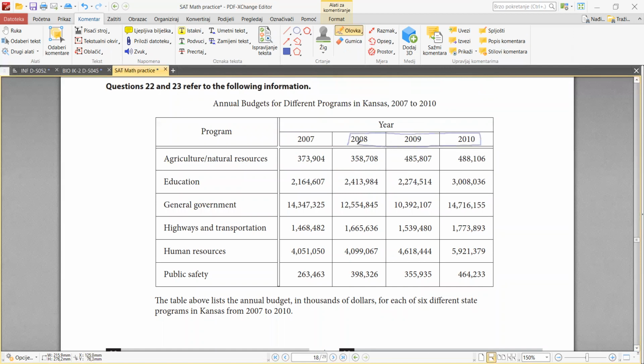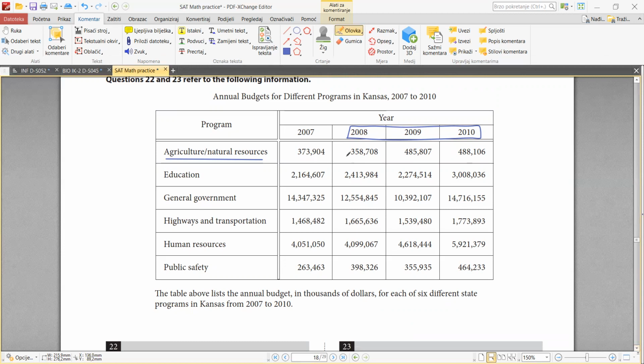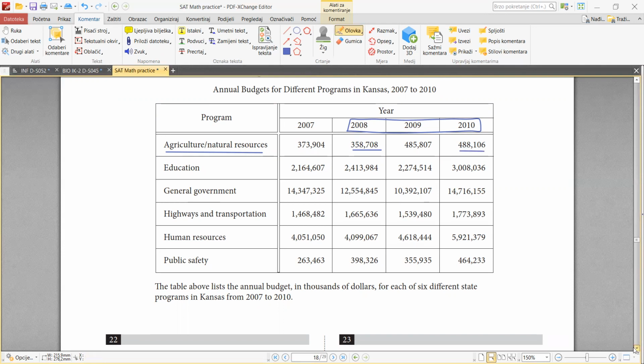So this is the time period we're looking at, and also agriculture. We have annual budget for 2008 and annual budget for 2010.